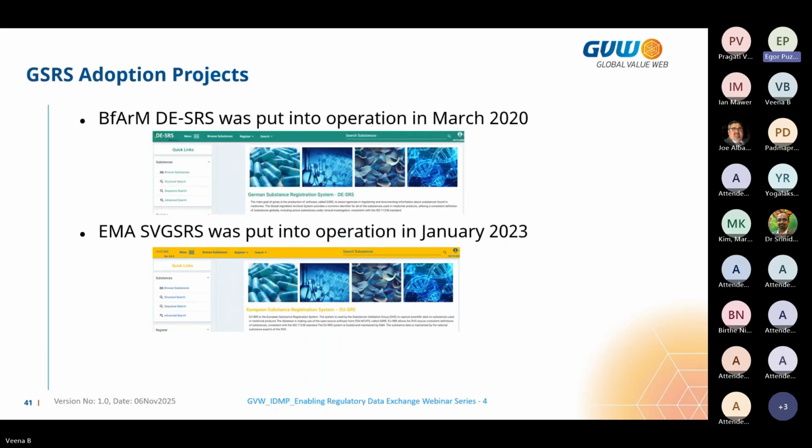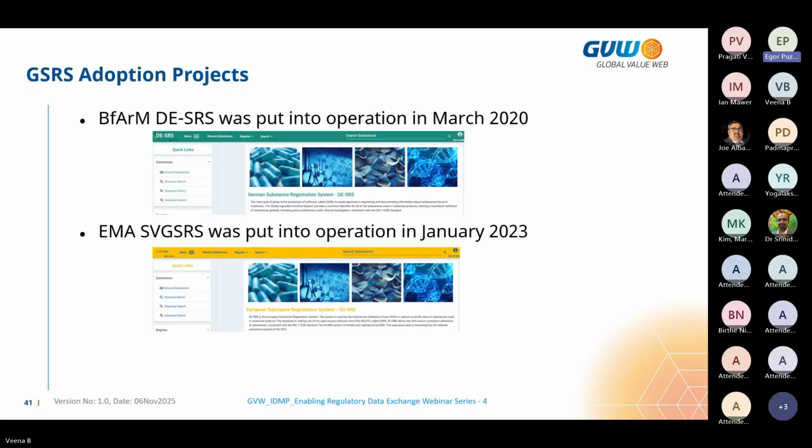So, I want to share my experience with adoption of the GSRS system based on two migrations. The first one I did for BfArM. I started playing with GSRS in 2019, and in March 2020, we were ready, and GSRS was put into operation.